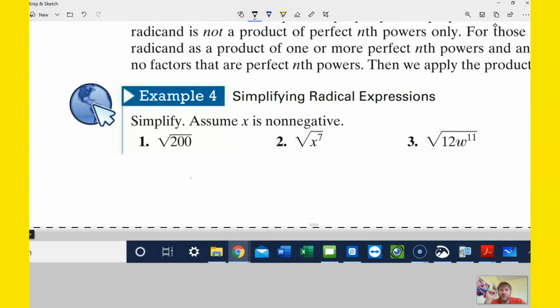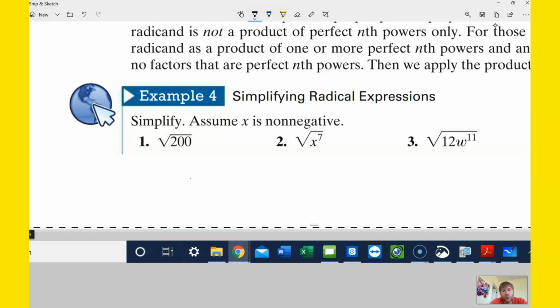Now, when you have variables involved, there's a different way to think about this. You remember how we can rewrite the index as the denominator of the exponent? All right, so do it like this.